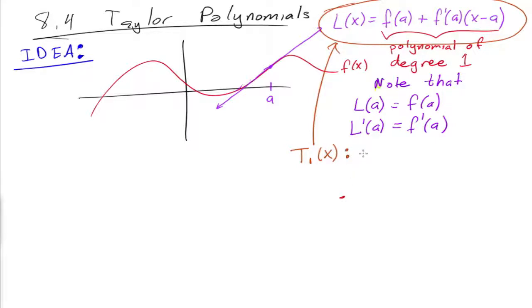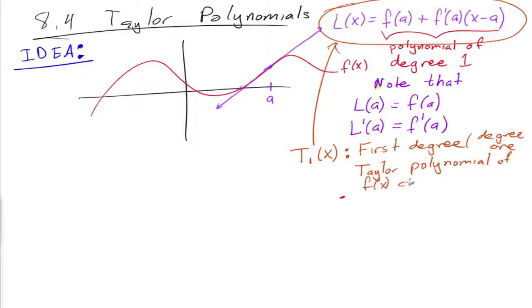This is the first degree, or degree 1, Taylor polynomial of f of x centered at a. This is just a name that we'll expand on in a little bit, but the key thing is that the value of the function and the first derivative are equal.